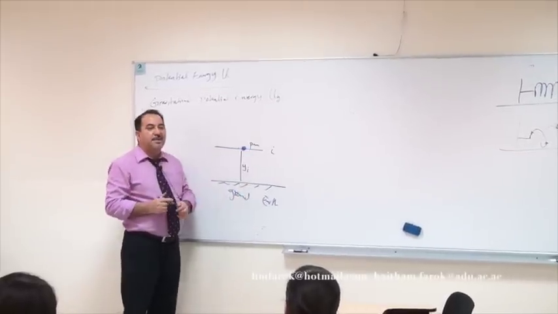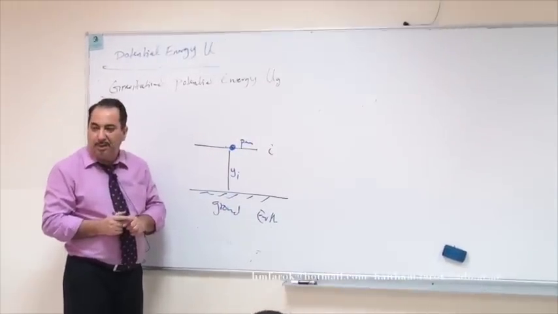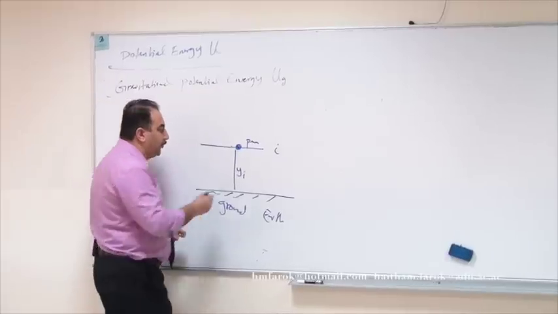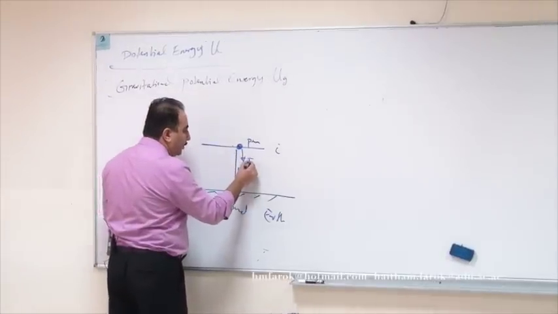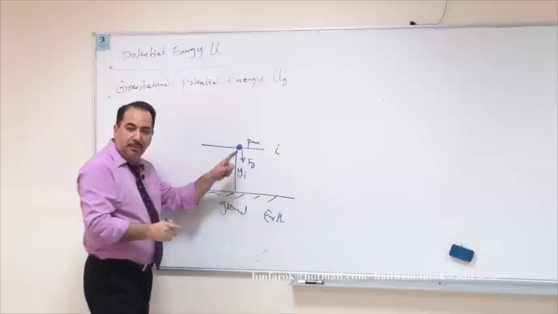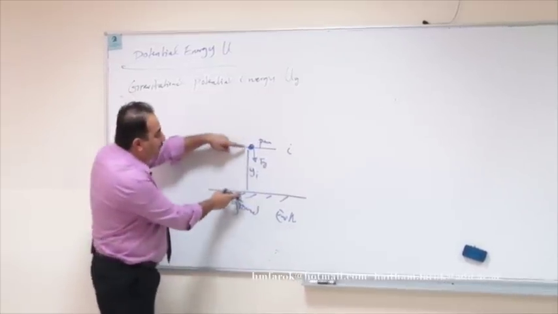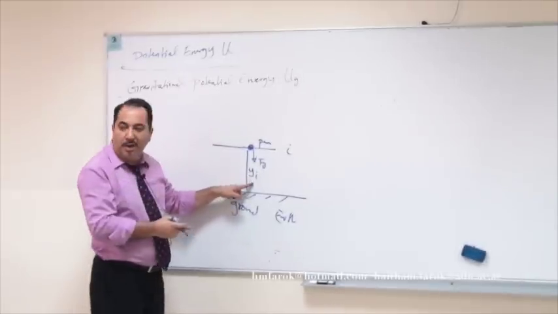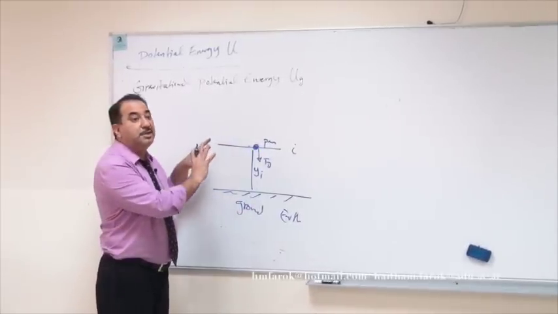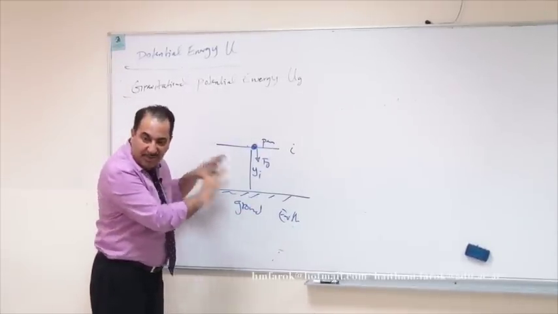This arrangement, does it have potential energy or not? Yes, because there is a force of gravity between the pen and Earth, and I have an arrangement between the pen and Earth at Y initial. So there is an energy stored now in this system.